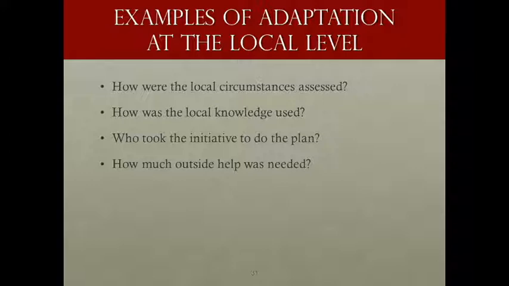Who are the right leaders for the community? How was the local knowledge used? So we know what the circumstances are, but do we know what people know locally? It's important to realize that not only the external knowledge is important. Oftentimes, it's more important to know what people already know, to try to build on that local knowledge.